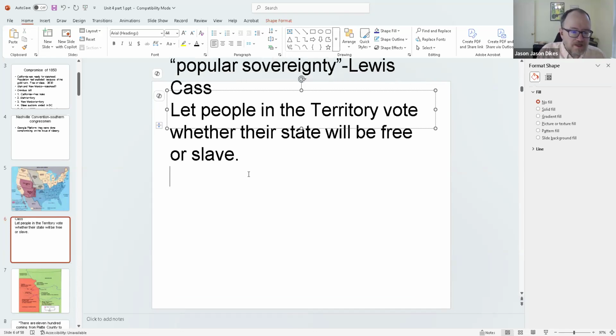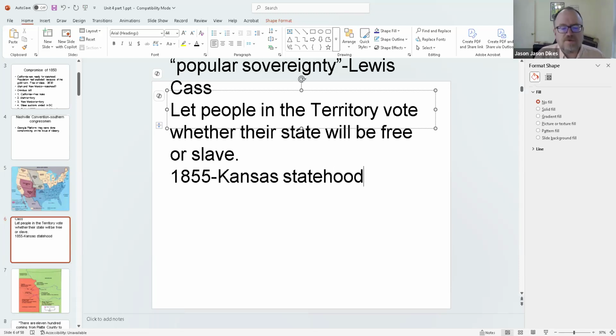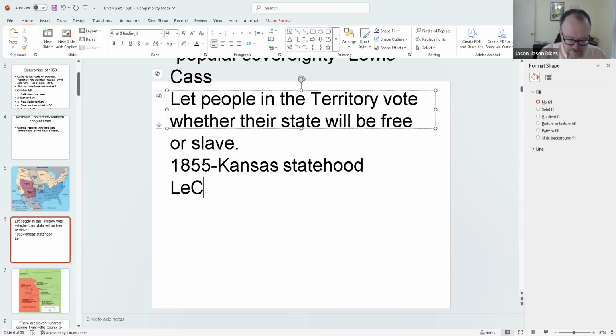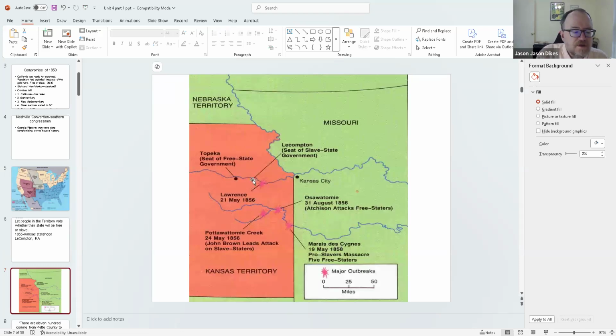And very quickly, Kansas filled up as both slave states and free states tried to get people out to Kansas as quickly as possible. It became a race. By 1855, Kansas was ready to apply for statehood, and the vote took place at Lecompton, Kansas, which you can see on this map right here.